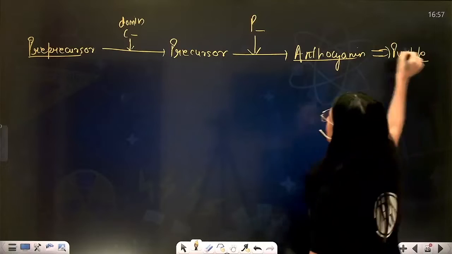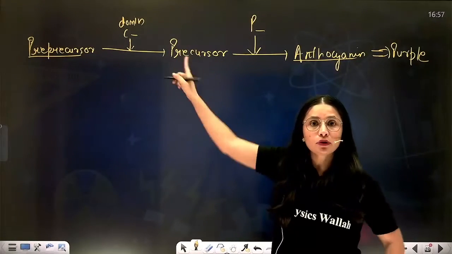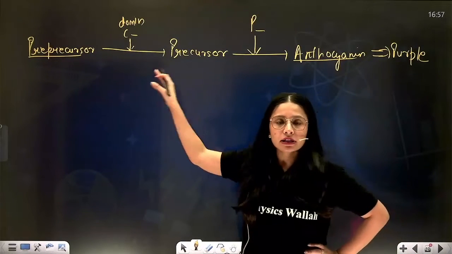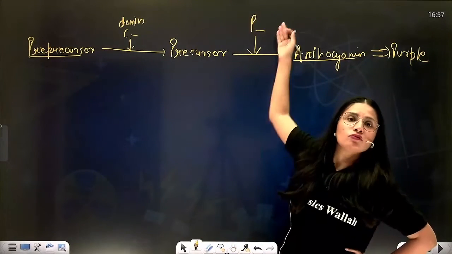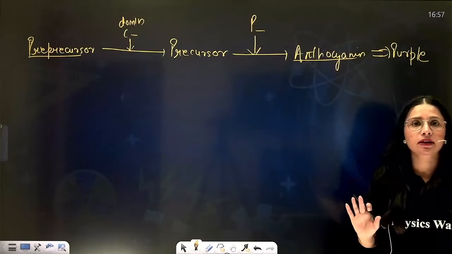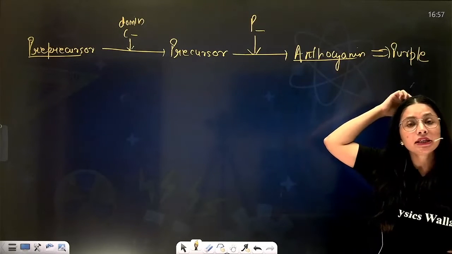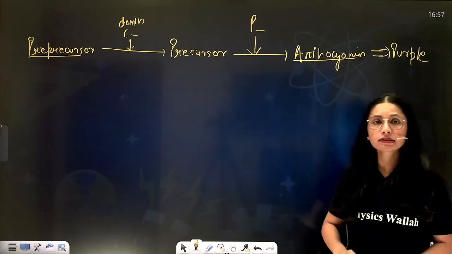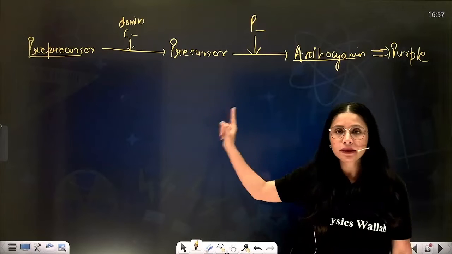Now, beta, if any one gene is present in recessive state, suppose the C gene is present in recessive state, what will happen? The pre-precursor will not be able to form precursor. If the precursor is not there, then what will the dominant P do? Because dominant P cannot affect the pre-precursor. First the precursor needs to be formed, then only the P gene can act to produce anthocyanin. Now, suppose C is dominant but P is recessive, so the precursor will be formed from the pre-precursor.